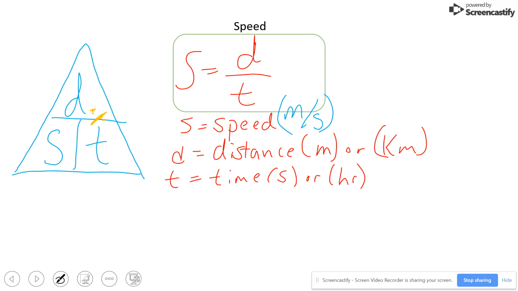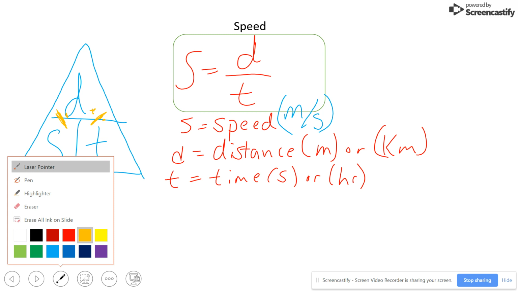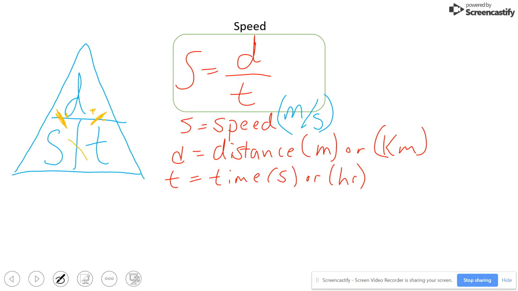And what I would end up with is distance over top of speed. So I'm going to be dividing distance over speed. And then lastly, if I want to find distance, it's going to be s next to t. And then again, in math class, if you have two things next to each other, you're going to multiply them together.